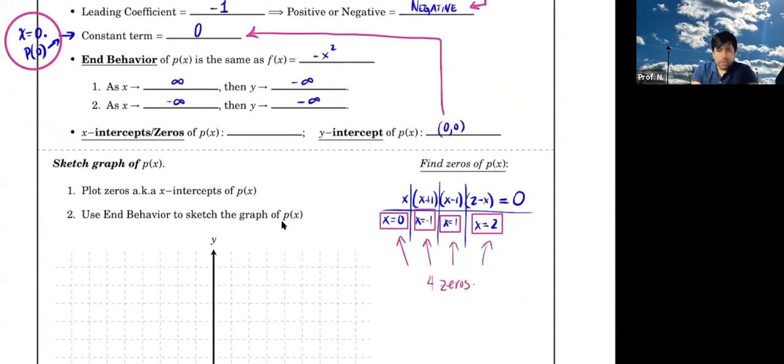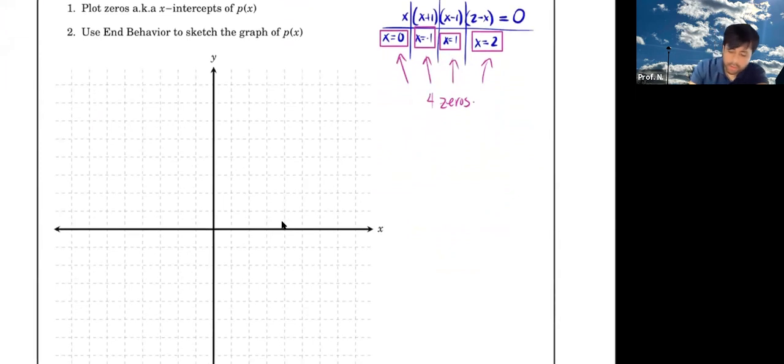Again, what are the zeros also known as? They're also known as the x-intercepts or the roots, right? So again, I'm going to plot this, right? I'm going to put this as -1 just to spread things out a bit.